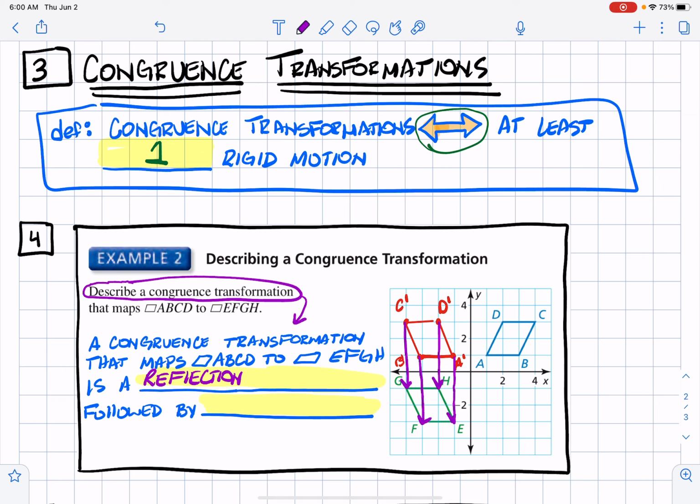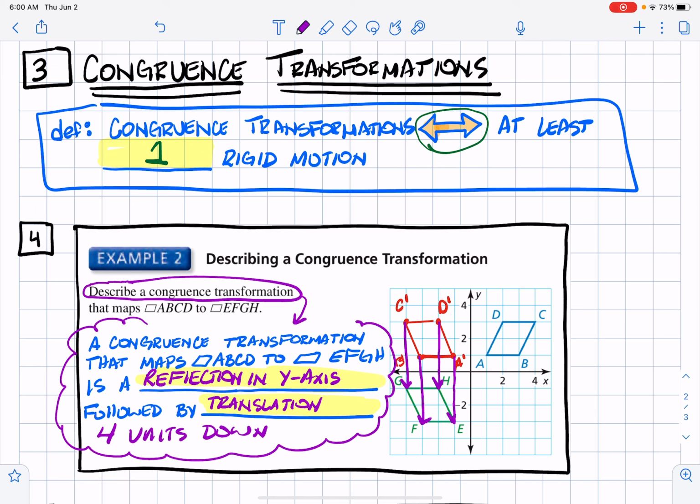So we did a reflection in the y-axis, followed by a translation, looks like 4 units down. All right, so when it says to describe the congruence transformation, what it wants is this statement right here in the purple cloud. That's what it's looking for when it says describe the congruence transformation. All right, that's box 4 for you.